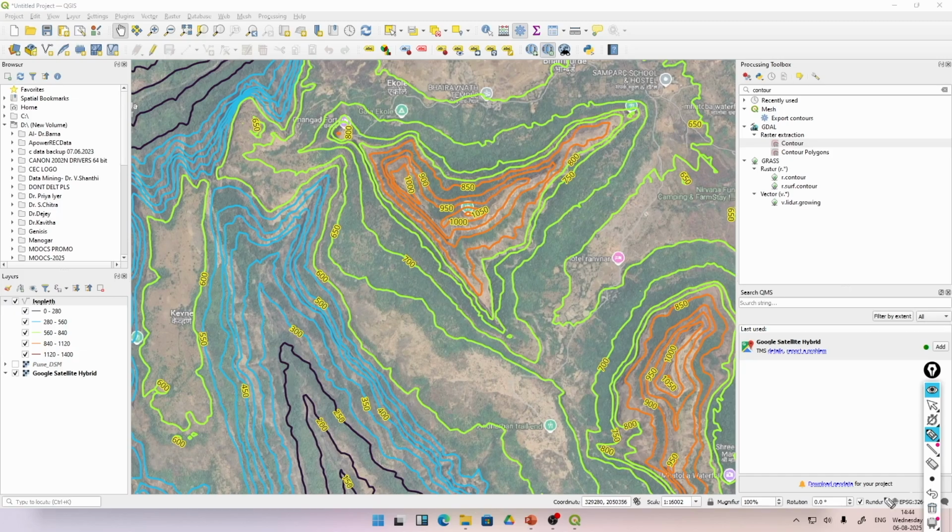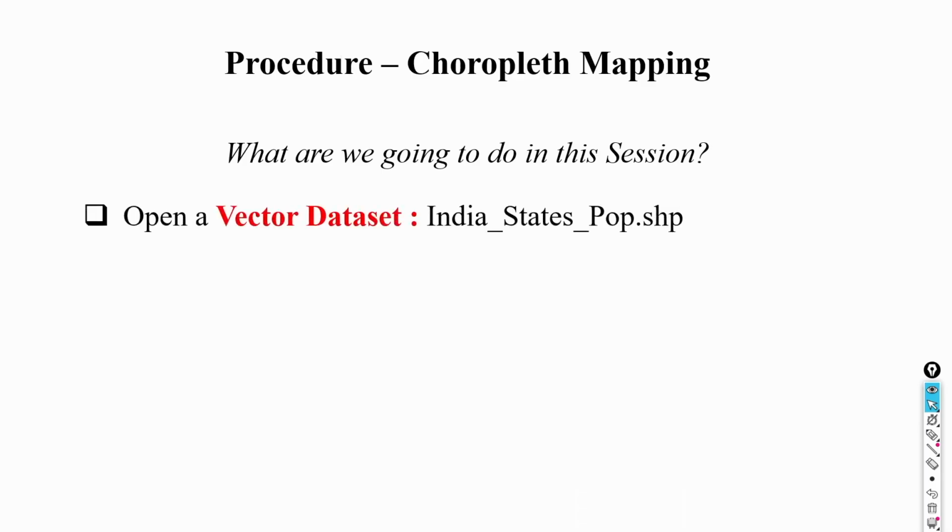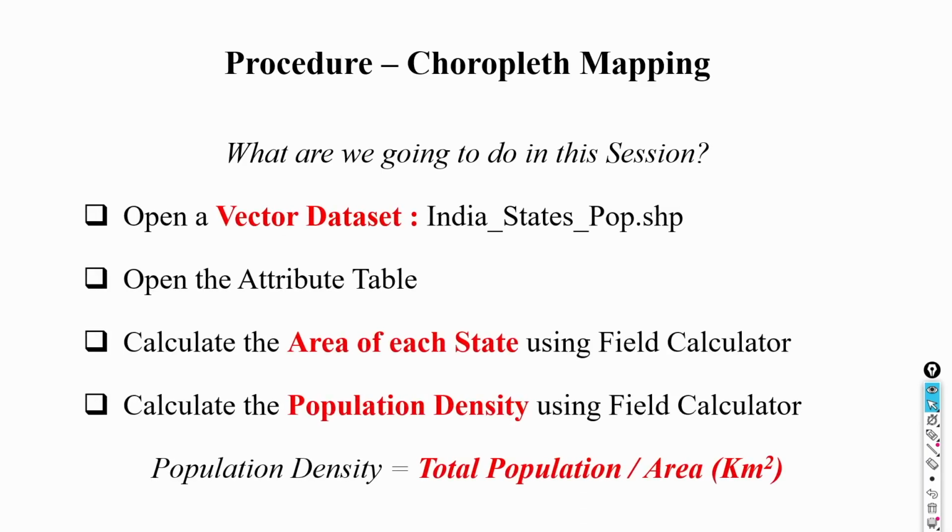Now we will just quickly move to our choropleth mapping. What are we going to do for our choropleth mapping? So we are going to basically open a vector data set, and that is going to be a states data set which has the information of population attached to it.